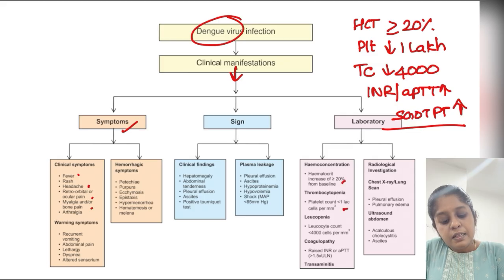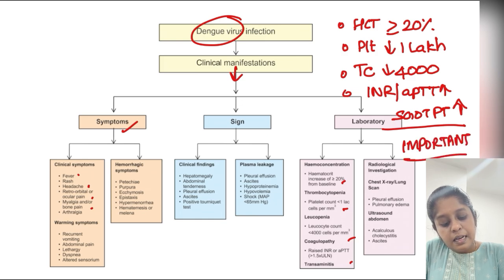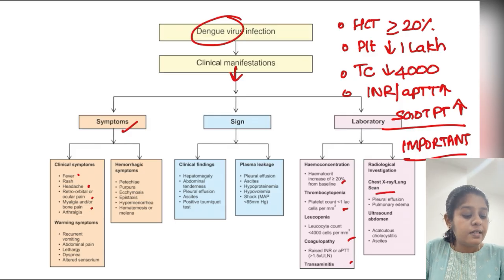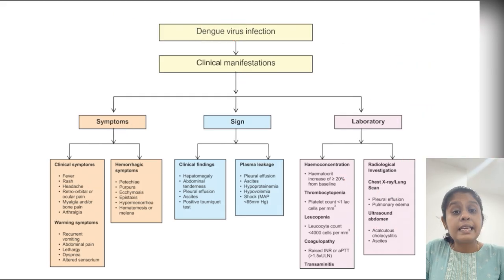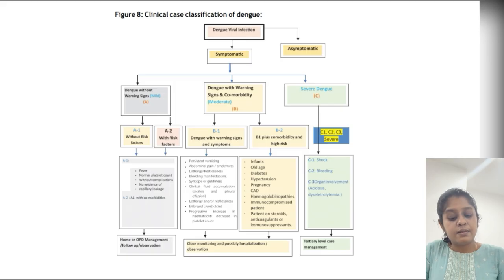In this you can see that PCV is high, total counts is low, platelet is low, SGOT-PT is high, INR and APTT is elevated. Coming to the radiological investigation, you can do a chest X-ray to find out pleural effusion and pulmonary edema. Ultrasound will show acalculous cholecystitis.